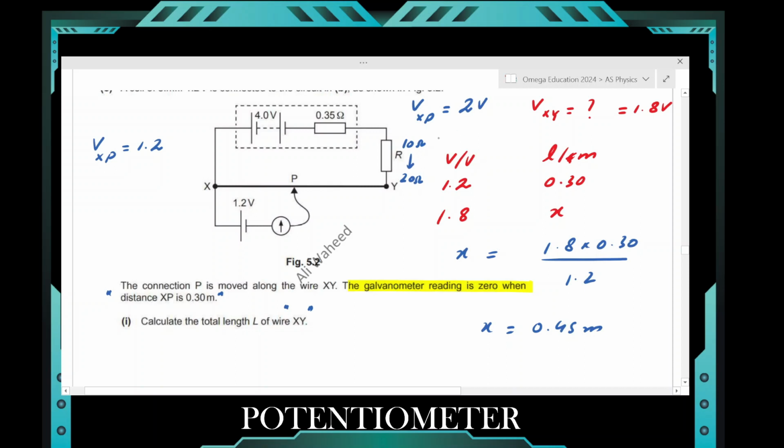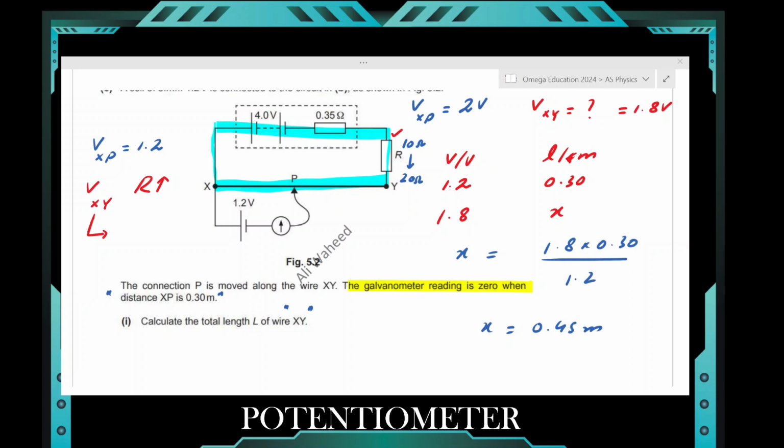So what happens by increasing the resistance R is that the voltage across X and Y would also change. Let me ask you: would the voltage across X and Y increase or decrease if you increase the resistance R? If you increase the resistance R, the voltage across R would increase.